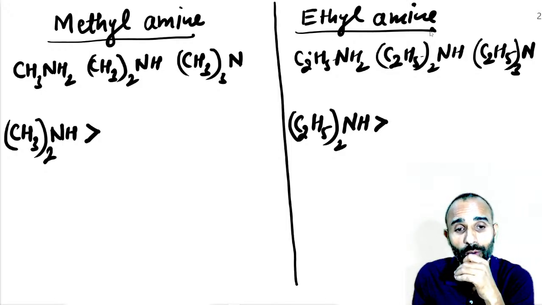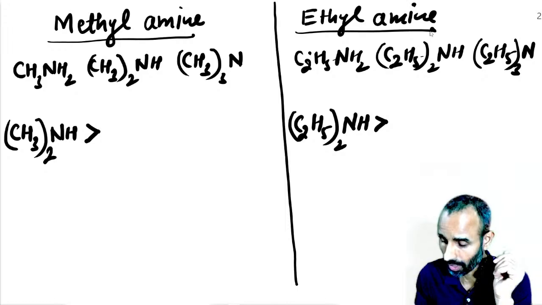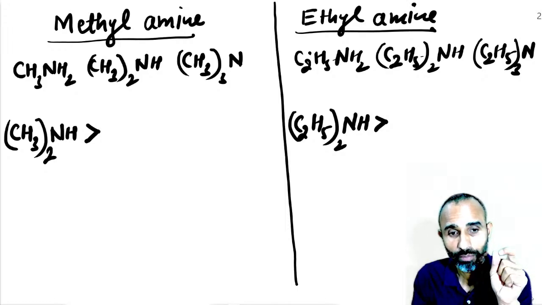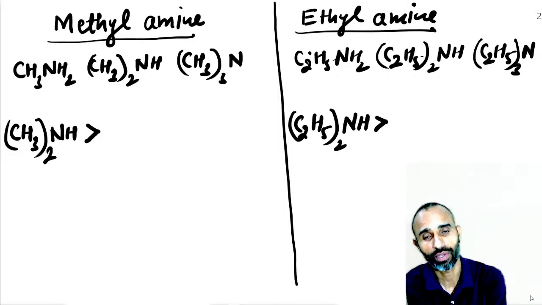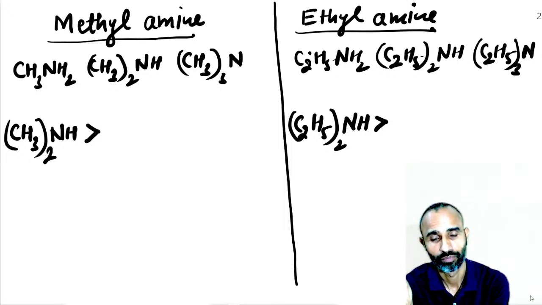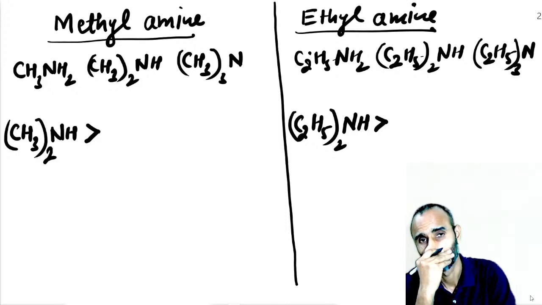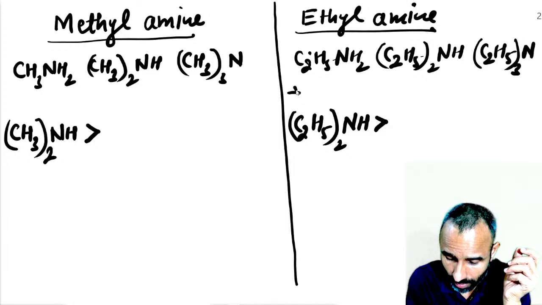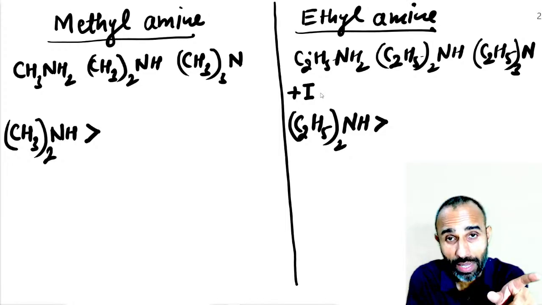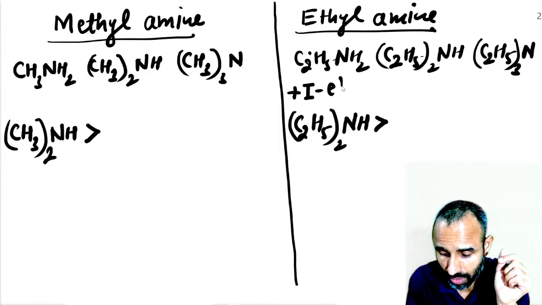So now if we compare ethyl and methylamine, which one has higher plus I effect? Ethyl. Yes, ethyl. So here, while deciding primary and tertiary, plus I effect is dominating.